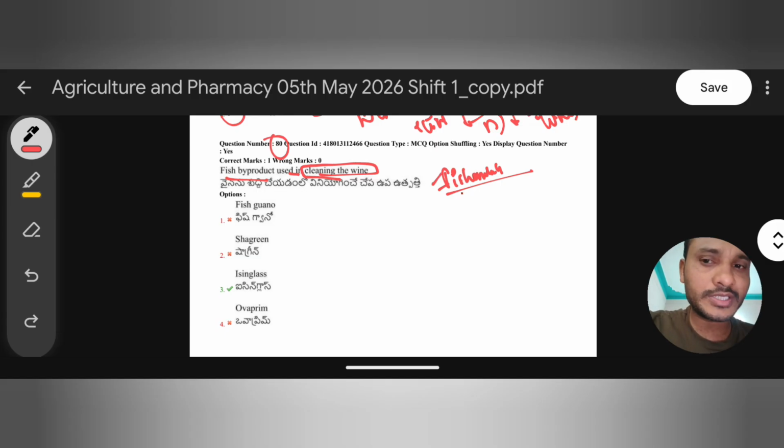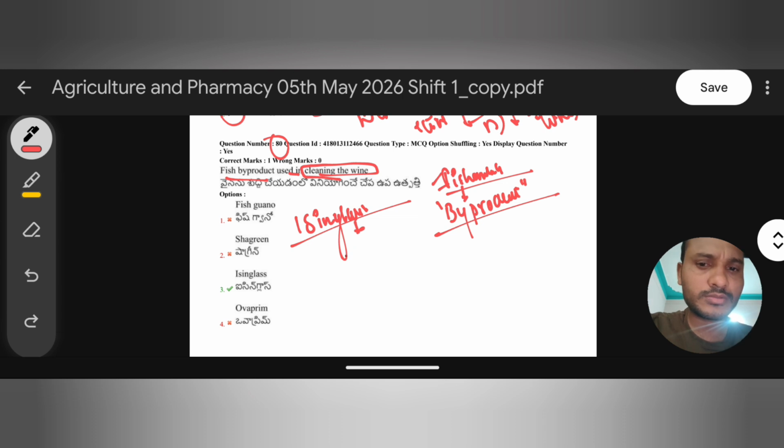In fisheries, fishes produce various byproducts useful for various purposes. The most important fish byproduct here is isinglass. This byproduct is used as a clarifying agent, which helps to clean the wine and beer.